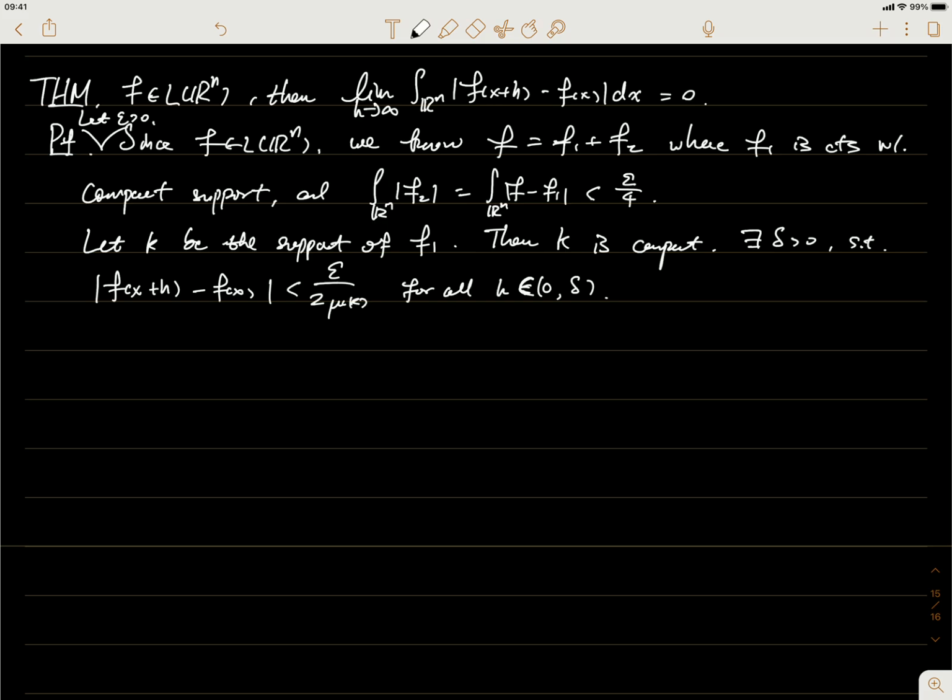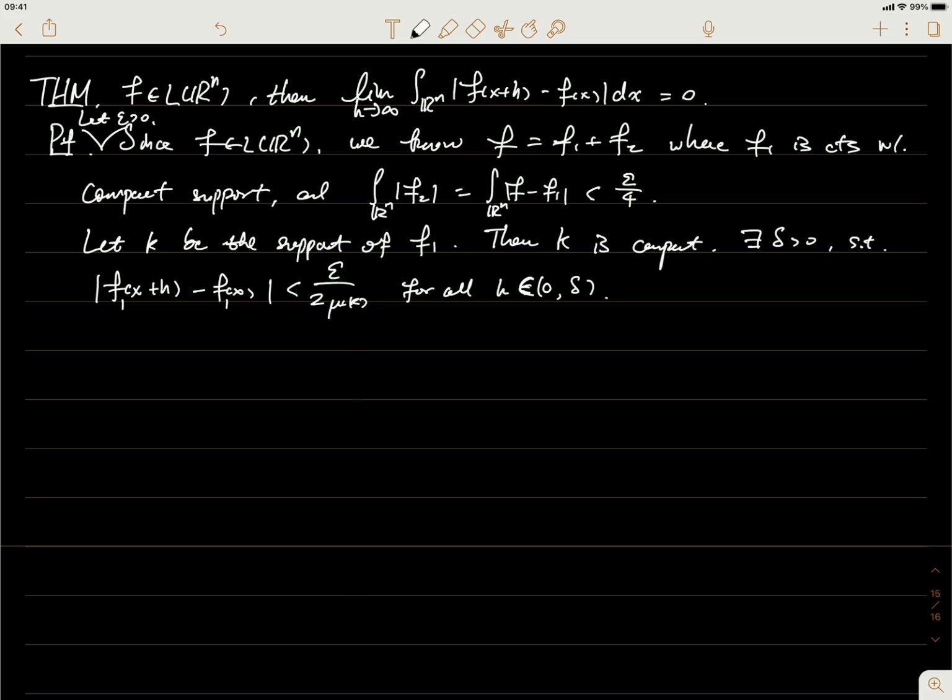This is because f1 is uniformly continuous on this k, so as long as h is smaller than delta, the difference of the two will be smaller than this quantity here.